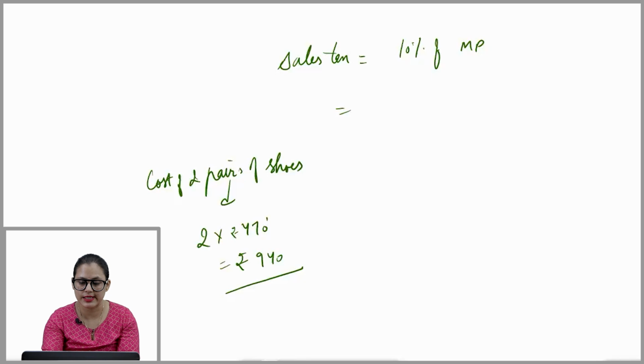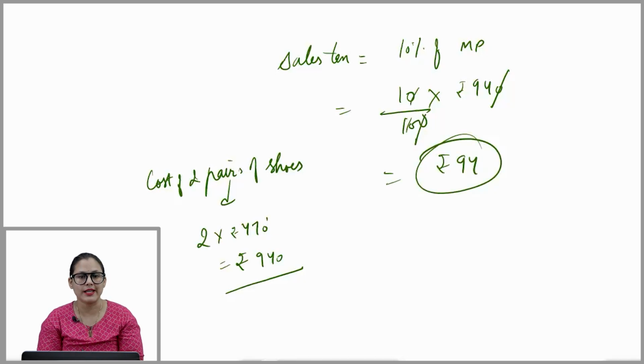Now we have to find sales tax. 10% of mark price, which is rupees 940. 0, 0 goes. So 94 rupees is the sales tax.